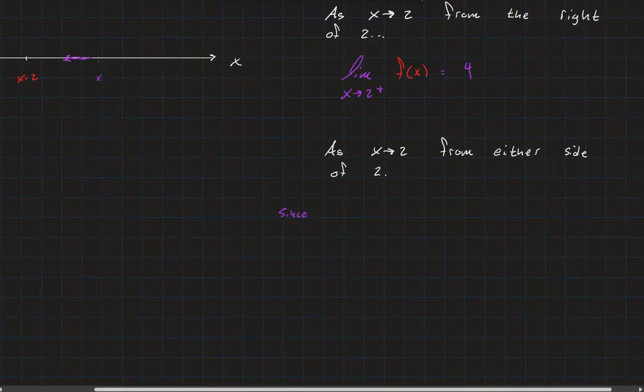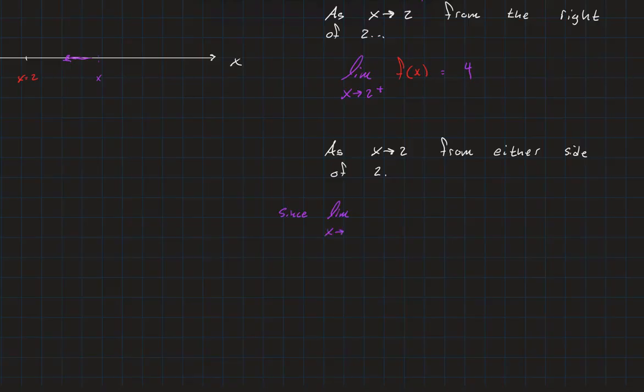Since the limit as x goes to 2 from the left of f of x is equal to 4, and the limit as x goes to 2 from the right of f of x equals 4.